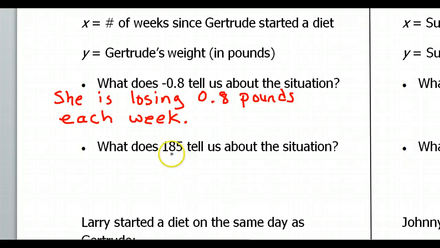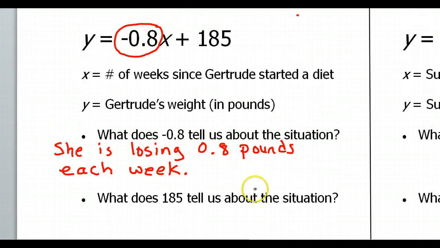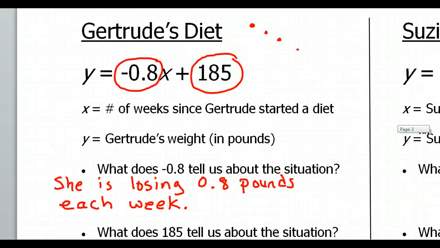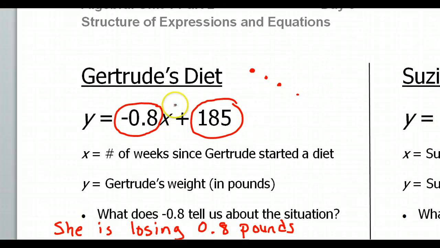Now, who remembers what the 185 tells us about the situation? I know I'm not there, but I still want you to blurt out the answers. Participate. What does the 185 tell us about the situation? Hopefully somebody in the room said that's going to tell us her beginning weight. This 185 is the weight she starts out at. Think about it.